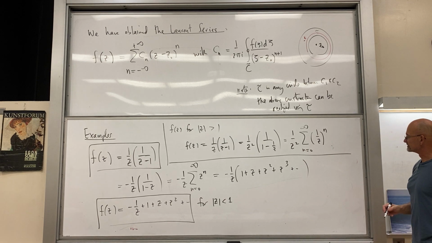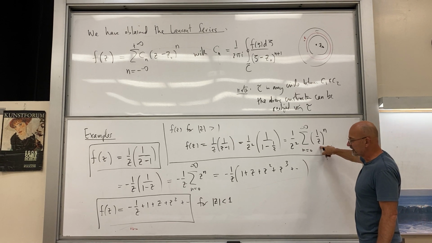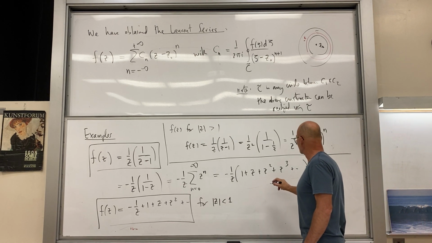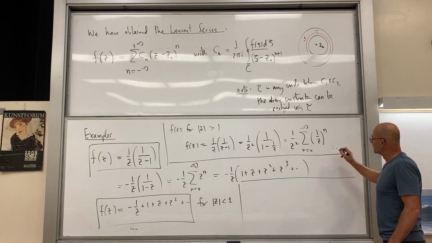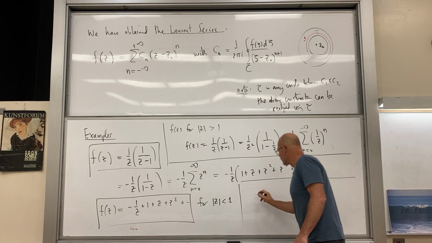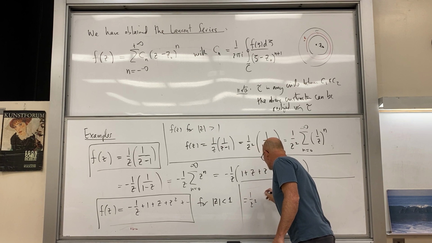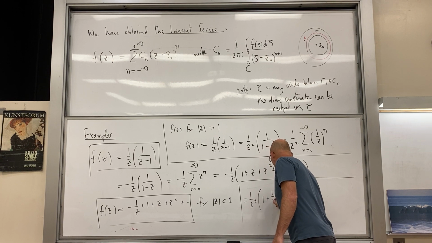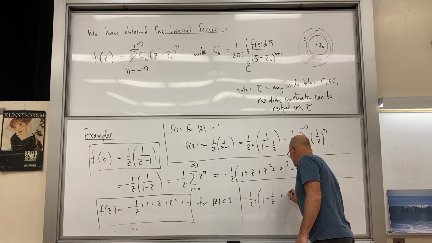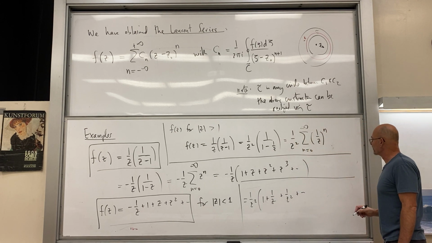And you can see that's a different series entirely. Looks like a different series at least. Let's go down here, we've got a little more room, and wrap that up. So what do we have? We have 1 over z squared times 1 plus 1 over z, and so forth.